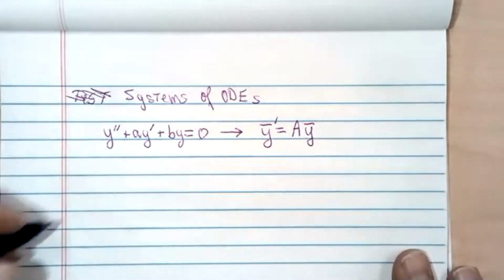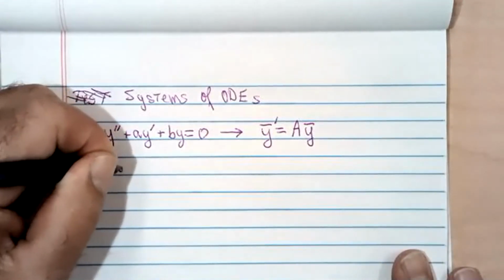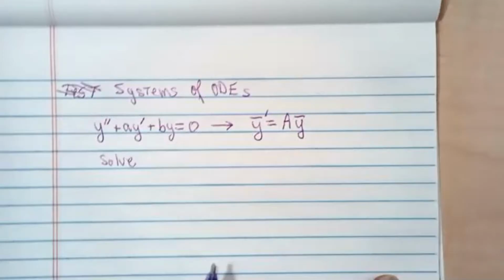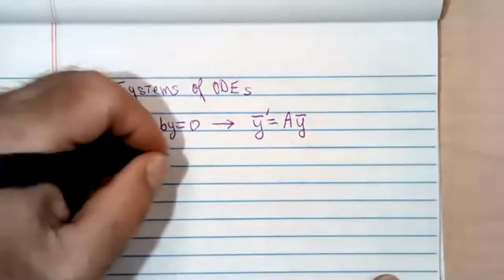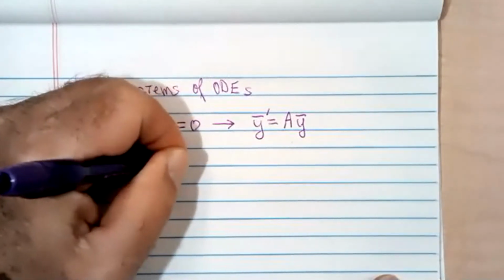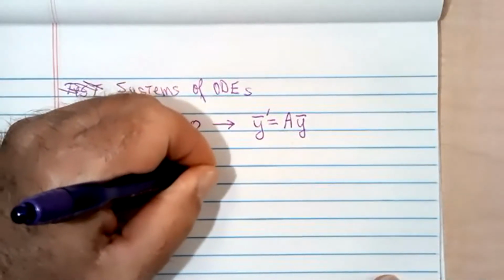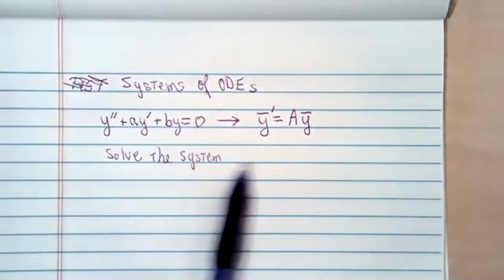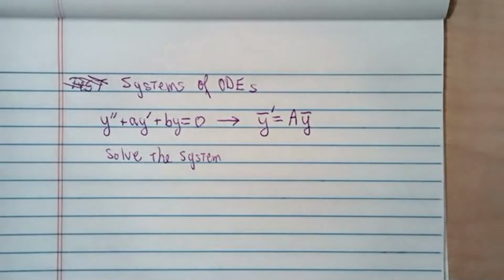I also want to show how to solve the system, which you've seen before, so I won't need to say a lot about that, but we're going to solve it both ways and show that you get the same solution with either approach.